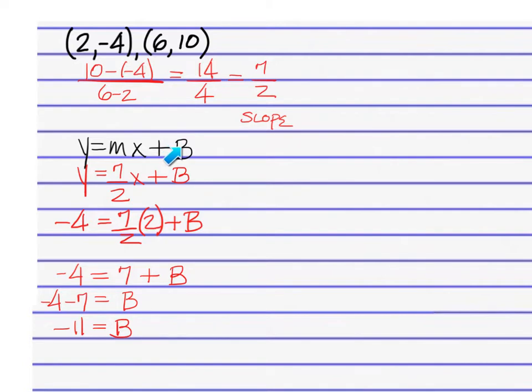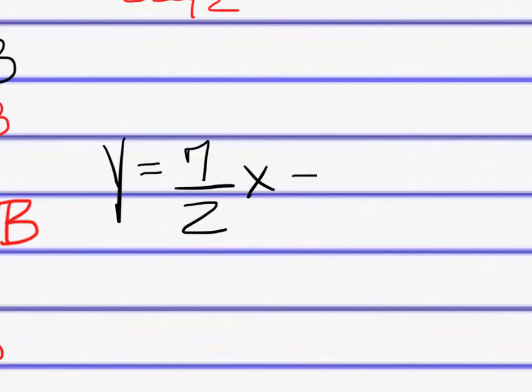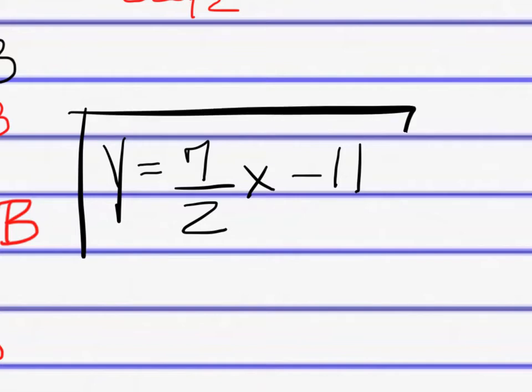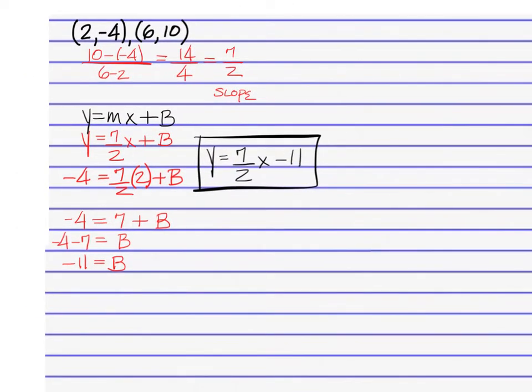Do I put it in right here? What's M? So shouldn't I put it in here? Yeah, we'll put it in there. So the equation is y equals 7/2 x minus 11. That is the equation of the line that passes through the 2 points given.